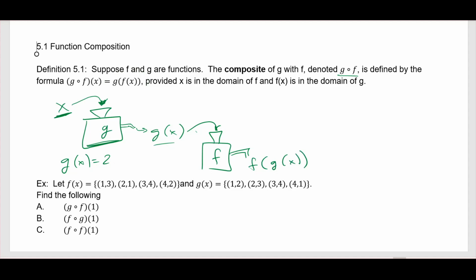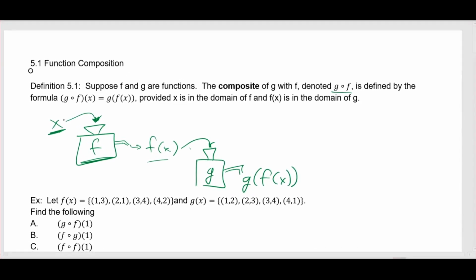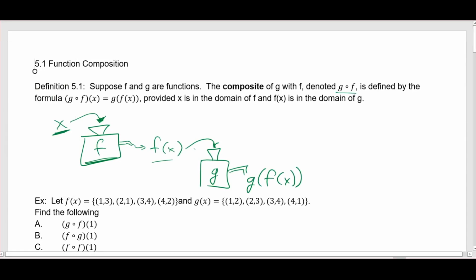We could just as well have put an f on this one and a g on this one, and now this is g of f of x. So following where x goes, we start with the number, whatever number that is, and we put it into the function f, and then whatever comes out of the function f is going to go into the function g, and out spits g of f of x, rather.